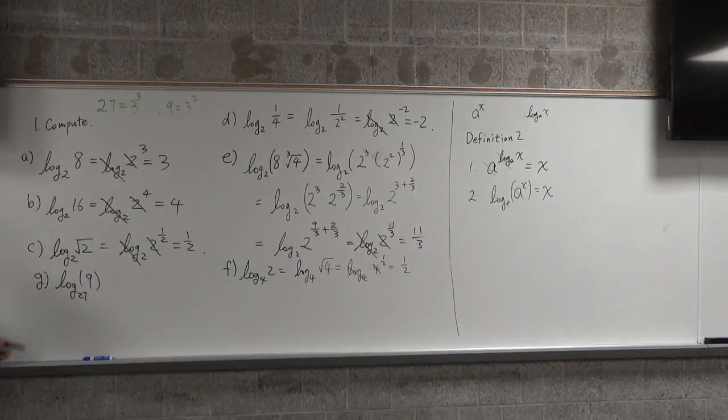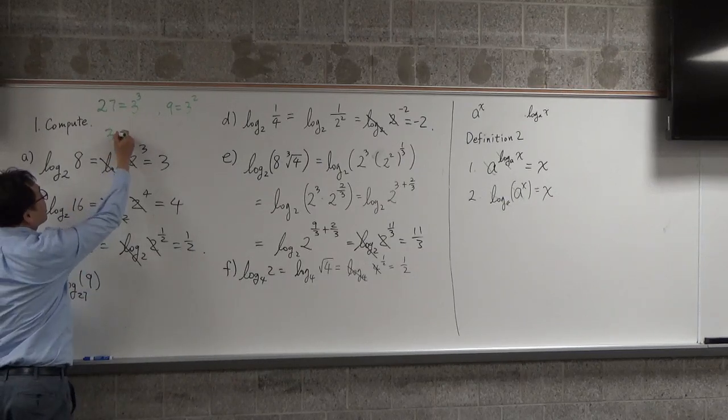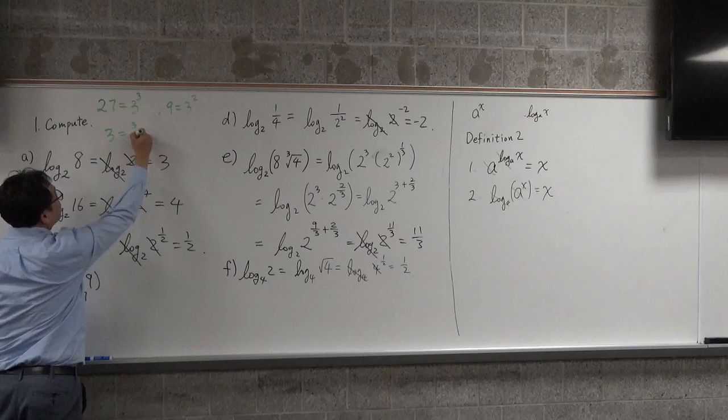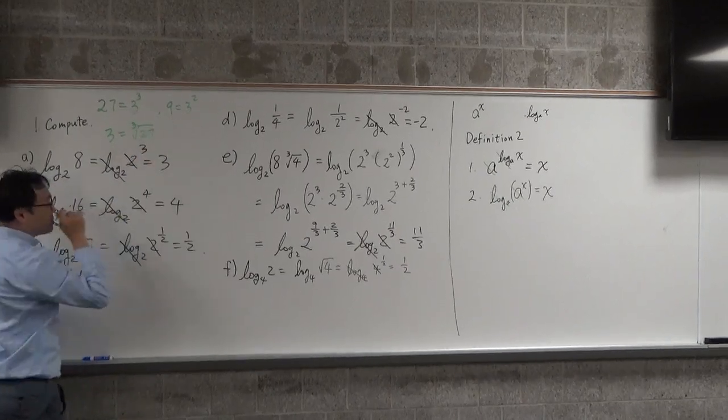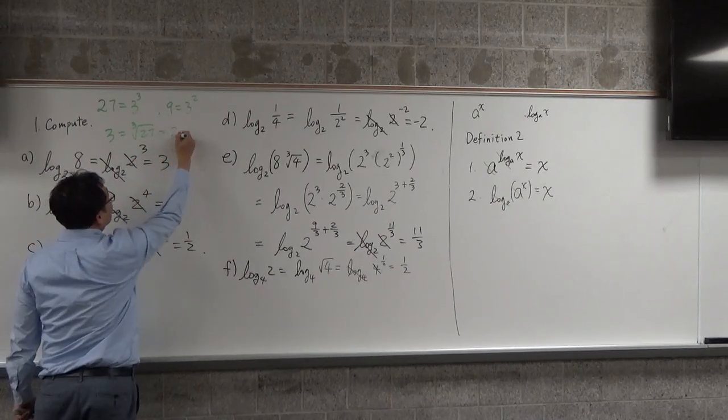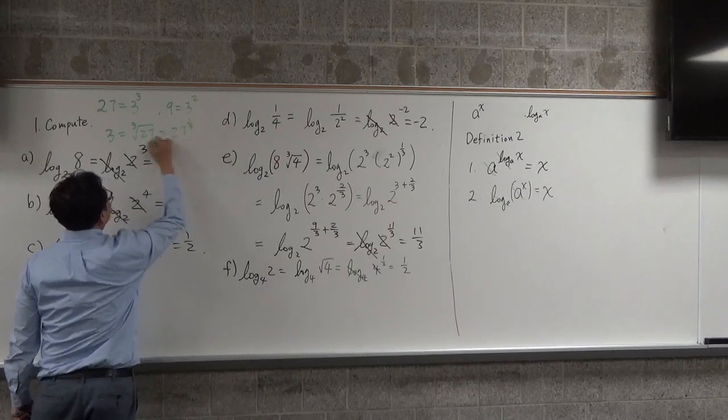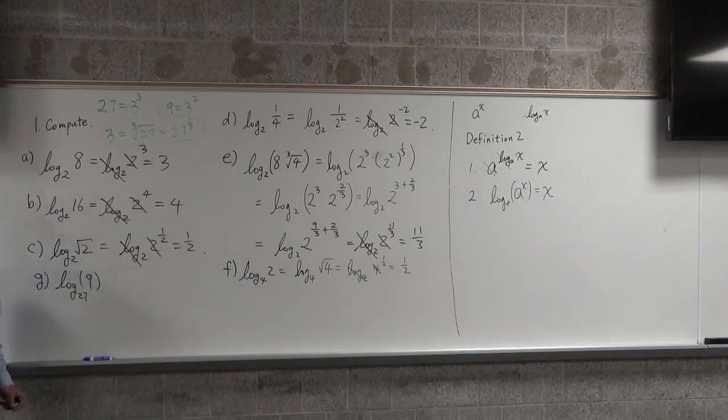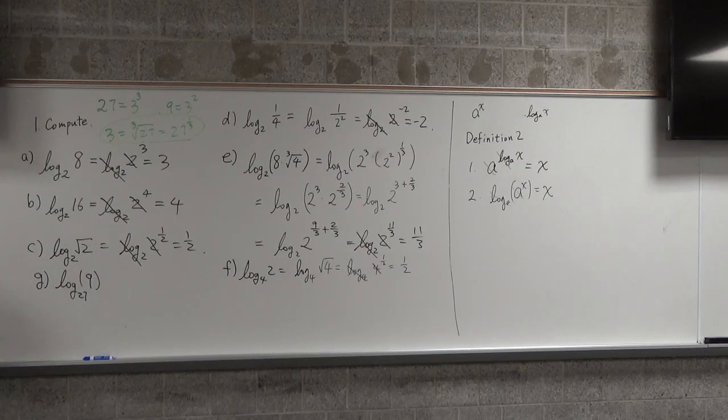So it's a bit hard to think, but what you want to do is you want to rewrite 3 as cube root of 27, or 27 to the 1/3 power. Okay? Cube root of 27 is 3. You agree, right? But cube root is the same as 1/3 power, so that's what I'm going to do.